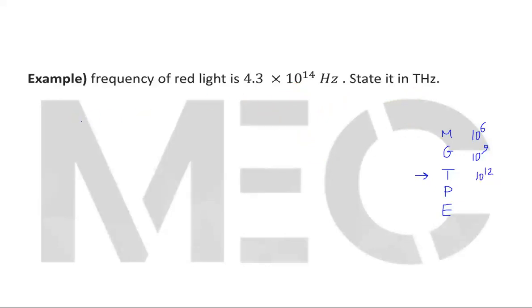So let me write it like this: 4.3 times 10 to the 2 times 10 to the 12. So I broke down 10 to the 14 into 10 to the 2 times 10 to the 12, and then I combine these two, so I can write 430 times 10 to the 12 hertz, which can be written as 430 terahertz.